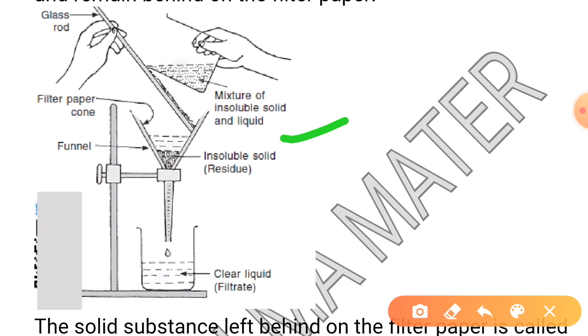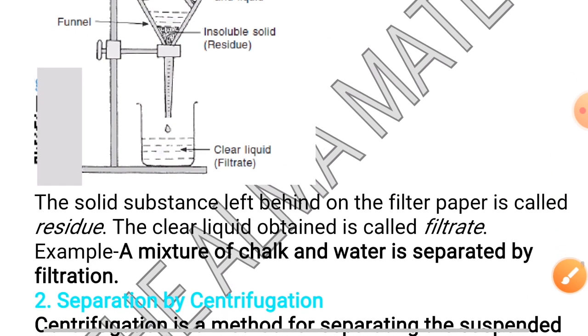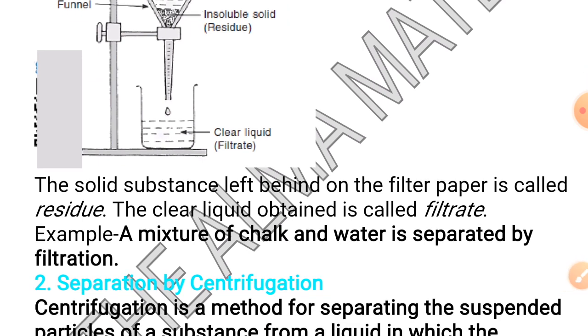Now the liquid portion will come to the beaker, while the solid one will remain on the top, which is called your residue, and what you will see in the beaker will be known as filtrate. So the solid substance left behind on filter paper is called residue. The clear liquid obtained is called filtrate.